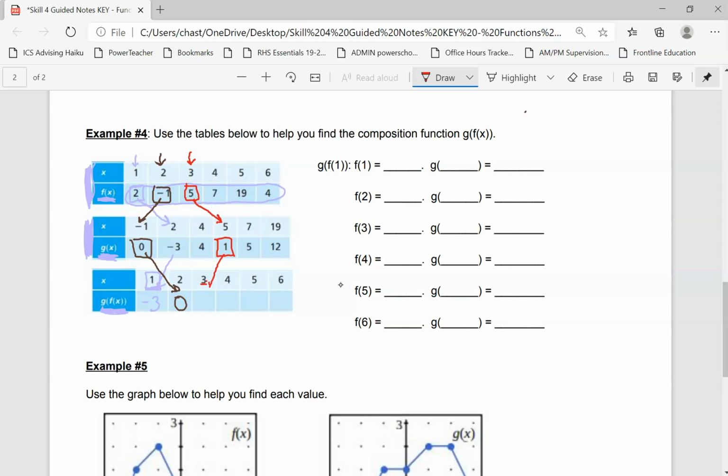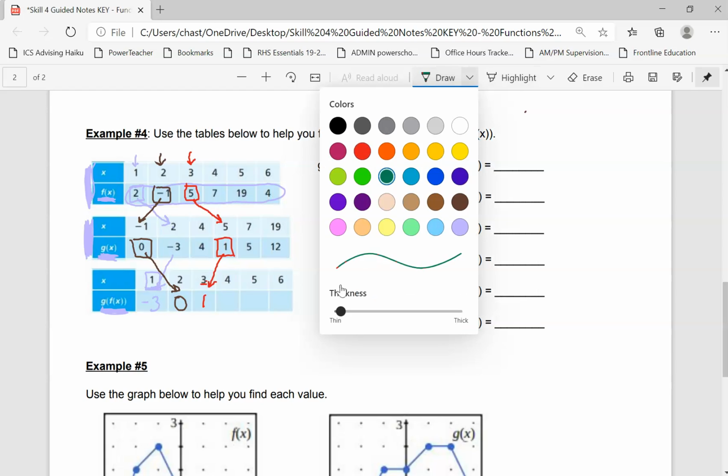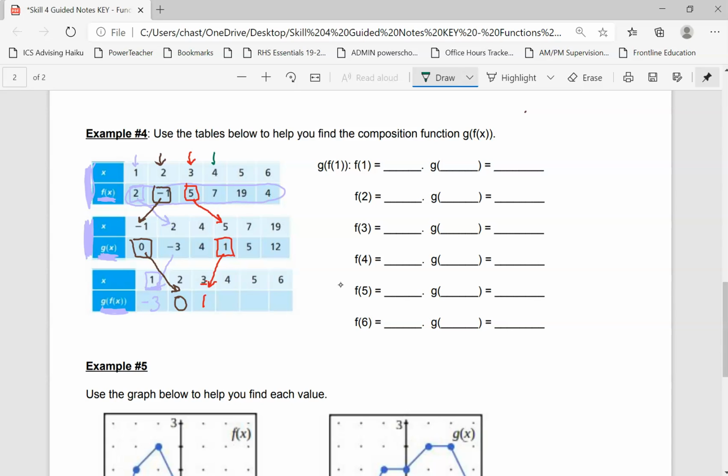So that means that g of f of 3 is 1. And just to continue on, if I do g of f of 4, f of 4 is 7, so now I'm looking for 7 as the input for g. g of 7 is 5, so that means that g of f of 4 is 5.